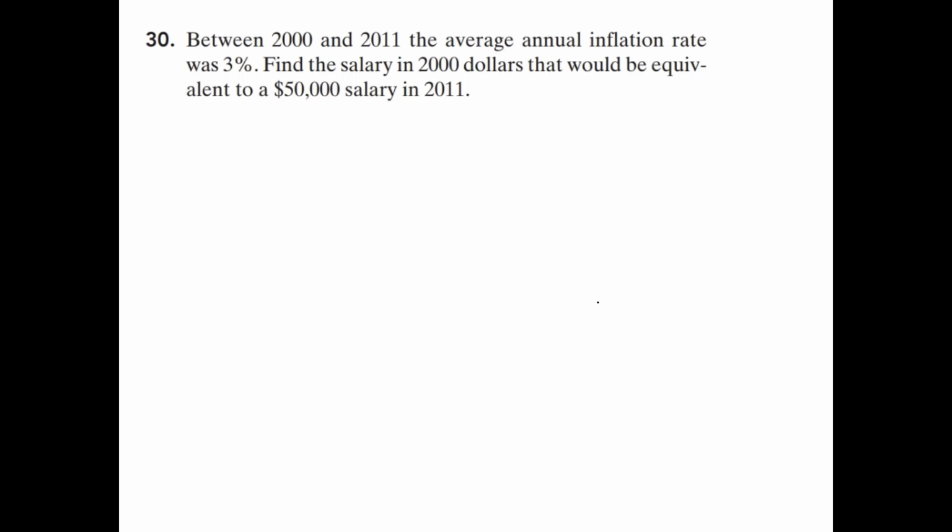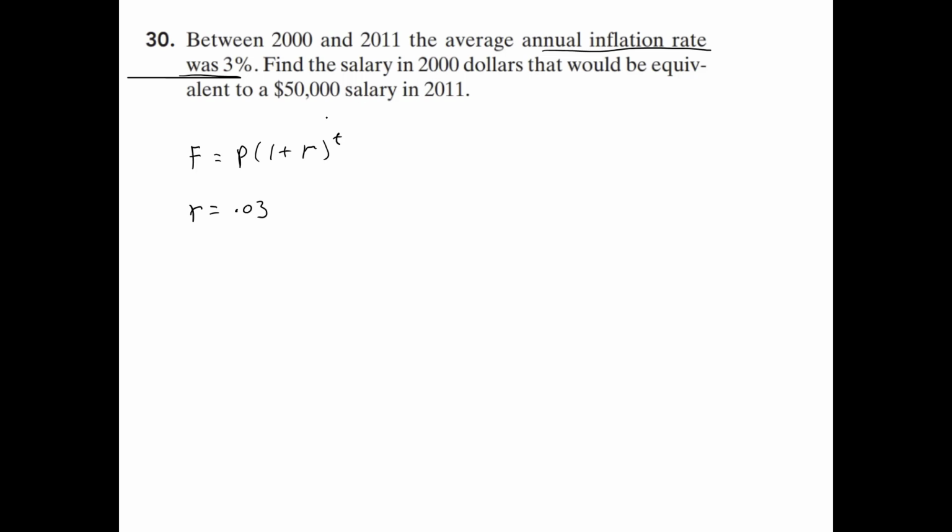Every year, the annual inflation rate was 3%, right? So that is your R. You're using the formula that your future value, since you're doing this for multiple years, is your principal times 1 plus your R to the T. The annual inflation rate was 3%, so R is 0.03.